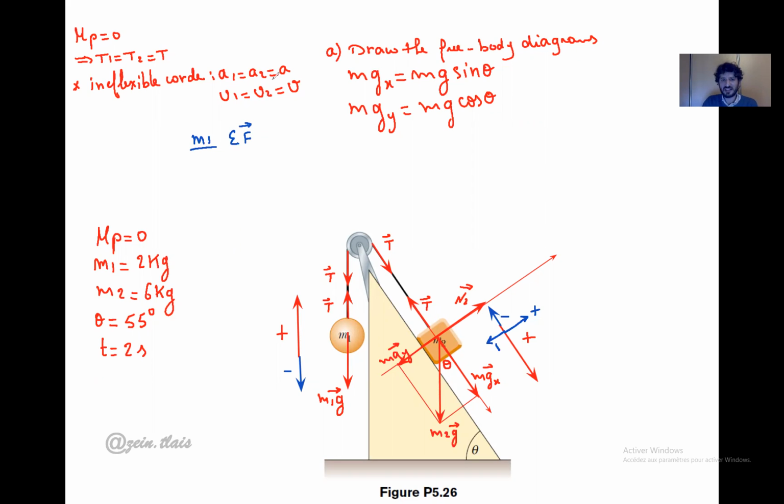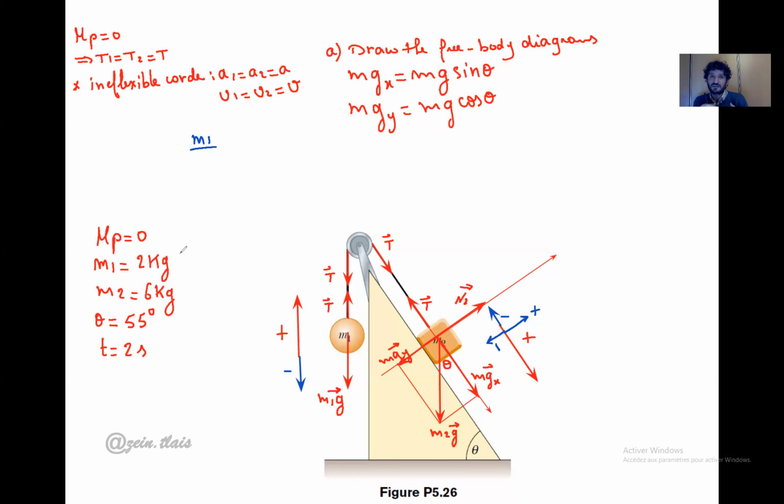Okay, before, let me explain what we are doing. I want to calculate the acceleration. I have to calculate the two equations, and I need to calculate the velocity also. When you calculate the acceleration and you have time by using Newton's law, you can come back to the kinematics equations.